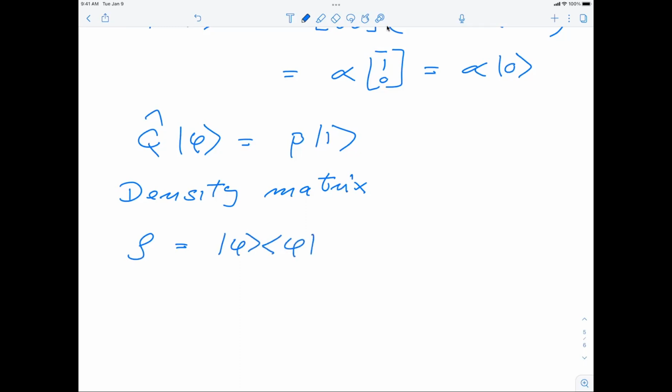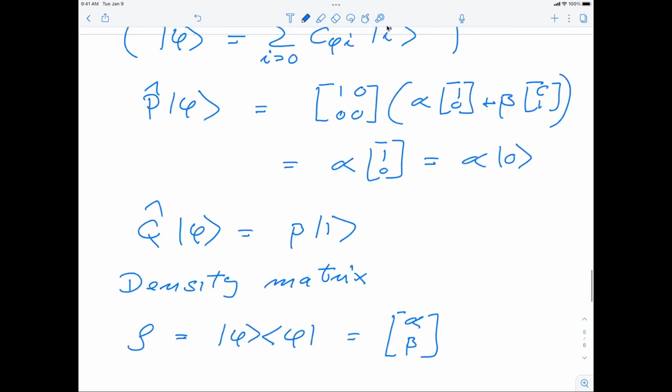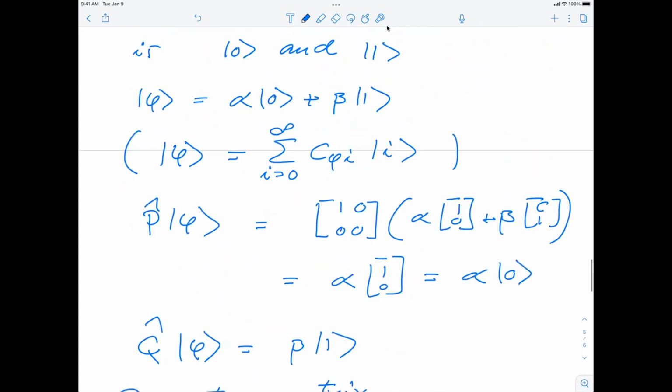If you look at that one, the way this is going to look when you run the calculations is that you're going to have the state alpha and beta, because, let me just go back a little bit, you can rewrite this in terms of alpha and beta. So it's a linear combination of your computational basis.